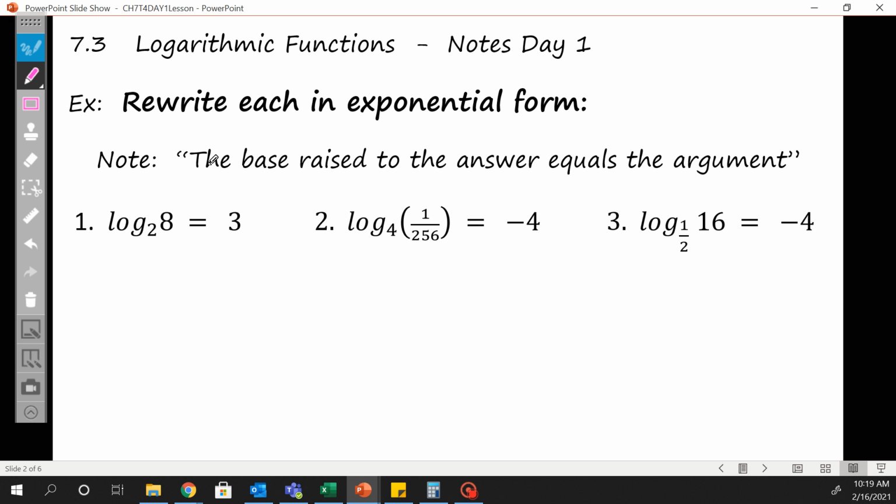Let's look at these examples. We're starting in logarithm form, and we're changing to exponent form. The base raised to the answer equals the argument. So if I want to write log base 2 of 8 equals 3, there's a really easy way to write this in exponent form without understanding the relationship between the numbers.